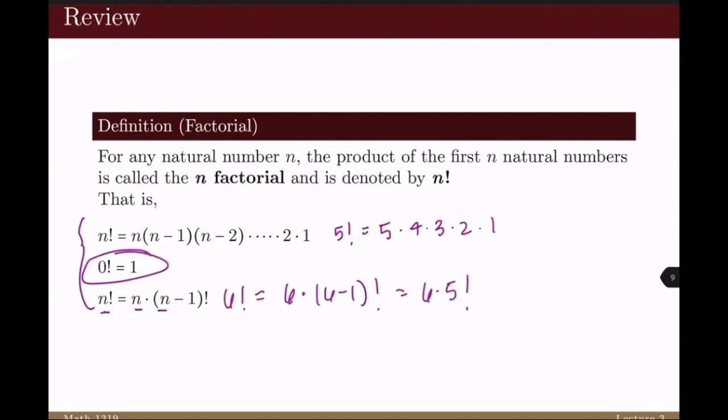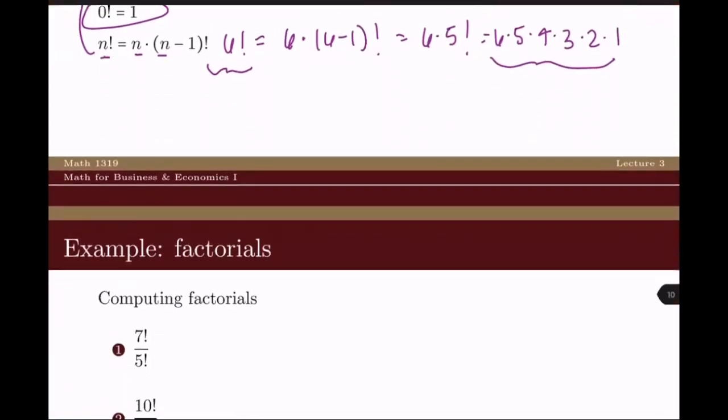Is that true? Well, 5 factorial is 5 times 4 times 3 times 2 times 1. And this is in fact equal to 6 factorial because factorials are just all the numbers that come before it on a number line multiplied together. All right, let's do some practice.